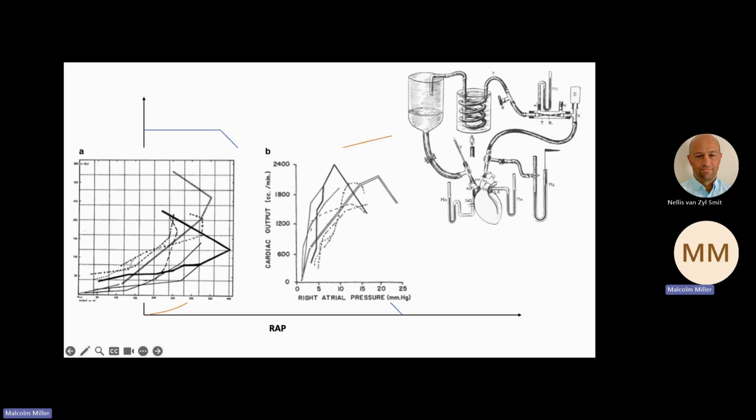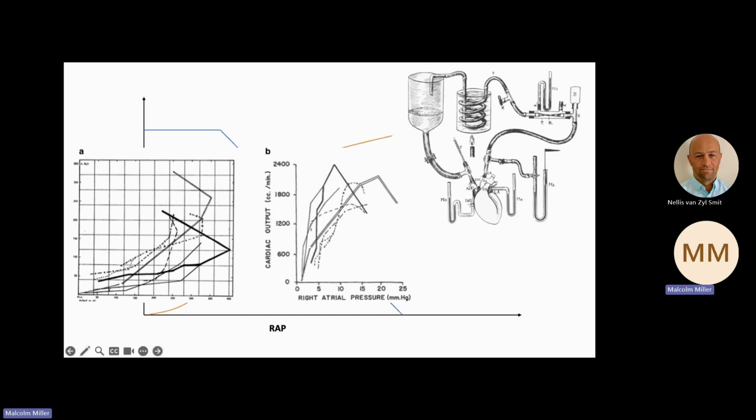And really, when one looks at Starling's original experiments, he got the axes the wrong way around. On the left here, where my arrow is, is the data that Starling illustrated, and he put cardiac output on the x-axis.